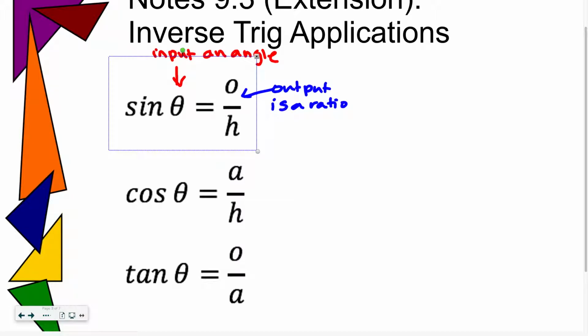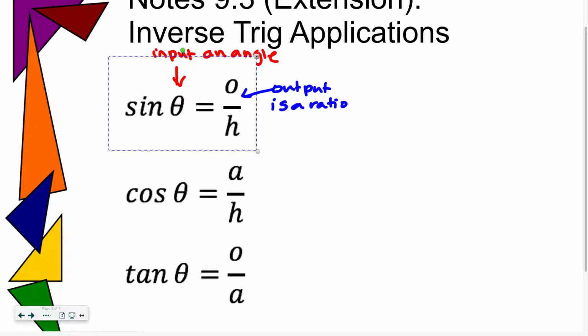We also did versions like Friday with the special right triangles. Now I could give you a special angle, say, tell me the sine of 135 degrees. You draw the angle 135, find its reference angle 45, draw the triangle, then the sine is 1 over square root 2. So you're always getting an angle, whether you actually know the angle or not, and you're always giving me out ratios.